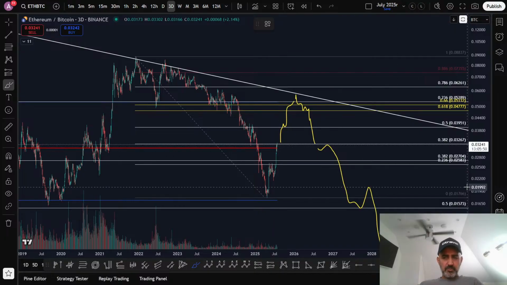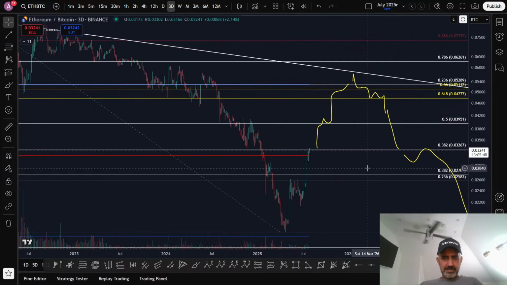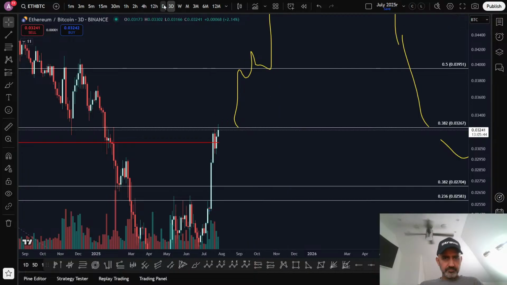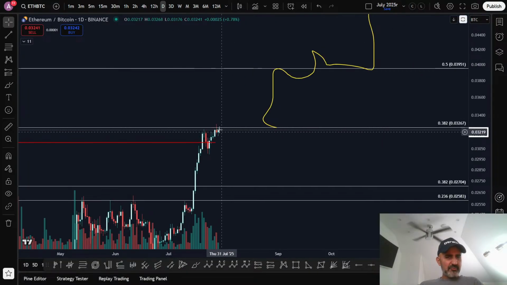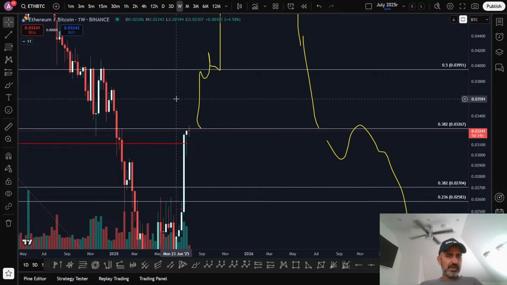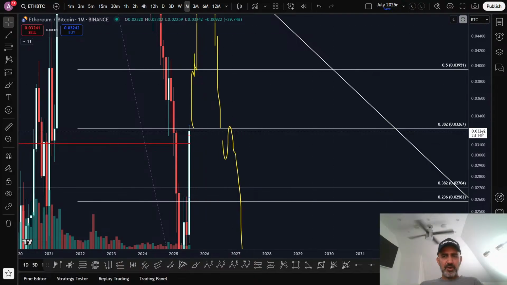Okay, at the moment we've just cleanly cleared this point of control, haven't we? It hasn't given us any real resistance. On the weekly time frame it was a clean break. Like, look at this. So on the monthly we're going to have a clean break.